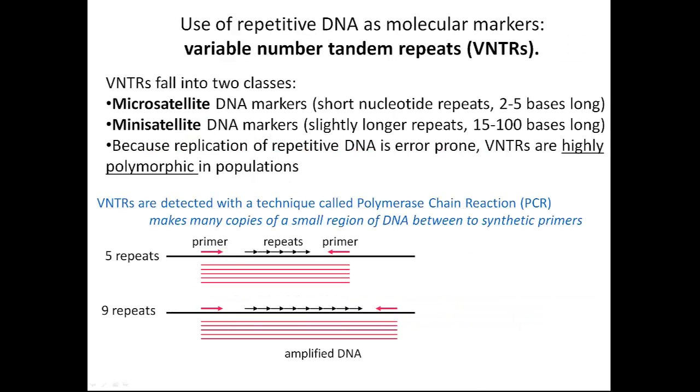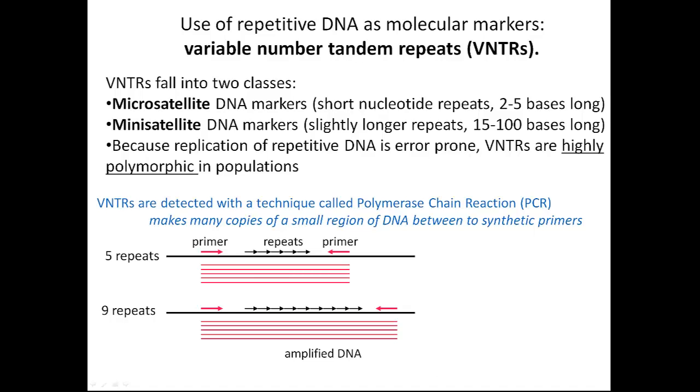Just want to say a little bit more about VNTRs. So these fall into 2 classes. The one that we previously saw was a microsatellite DNA marker, and this is because it was a very short sequence that was repeated, only 2 bases, right? So a microsatellite is defined as 2 to 5 bases that are repeated, whereas minisatellites have longer repeats, so maybe 15 to 100 bases that are found in several copies.